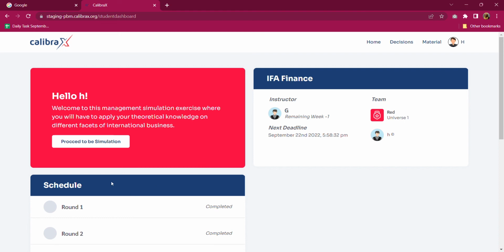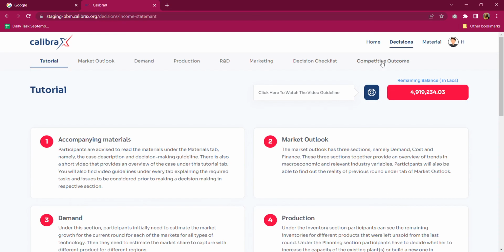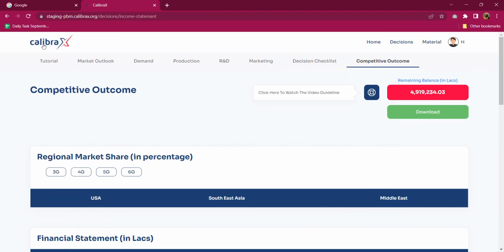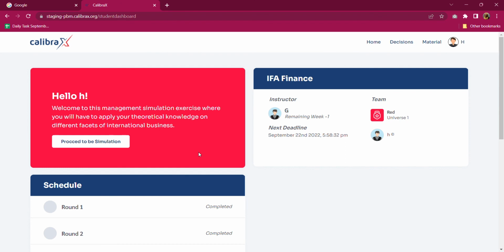So we can see the competitive outcome after the course teacher initiates the next round. Then the team can play the next round. By following these steps again, the teams can also proceed with rounds 2, 3, 4, and so on.